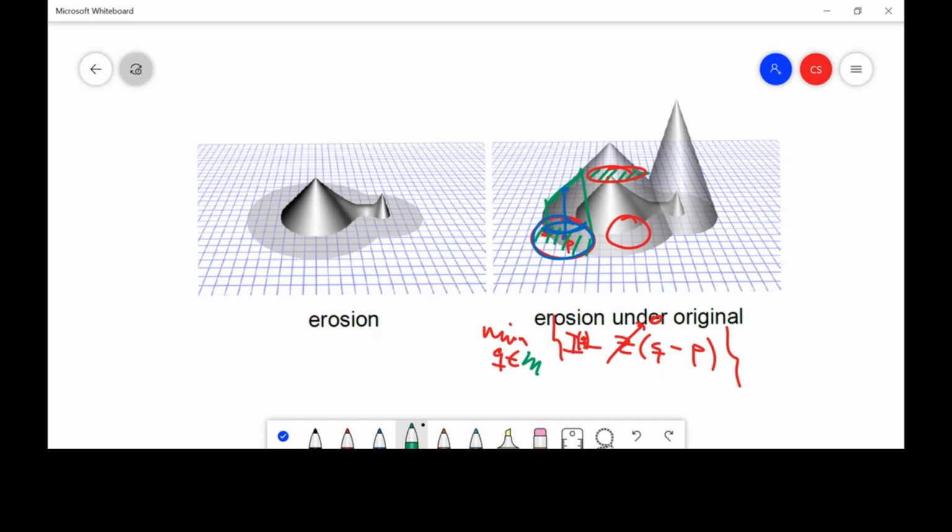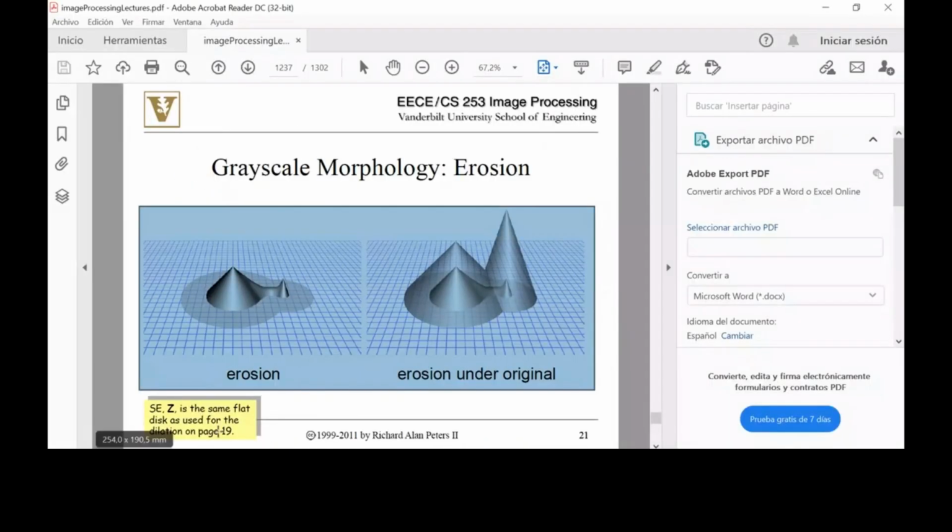And remember that outside, by convention, we have said that outside of the foreground we have a minus infinity value. So the minimum is always minus infinity. The background is set to minus infinity.